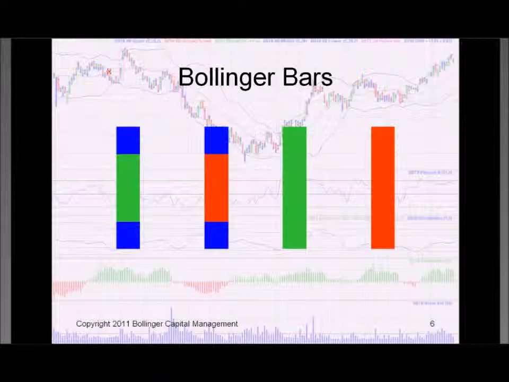So the center of the bar, which would be the body of the candlestick, is colored in green. The second from the left, we have a bar where we close lower than we opened. So the center of the candlestick is colored in red. The third from the left, or the second from the right, is a chart where we opened at the absolute low of the day and closed at the absolute high of the day.